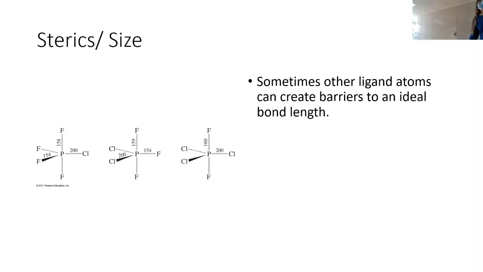We can also see this when we have ligands that are groups rather than individual atoms. So if we started replacing this with a methyl group, a CH3, or when we get into transition metals, some of our anions are going to form ligands. Like the nitrite ion is one of the ligands, and that's 3 atoms.